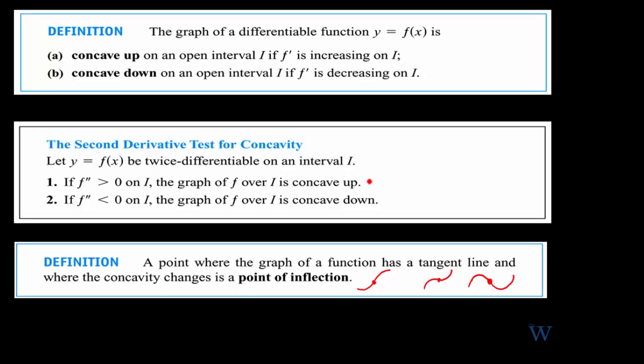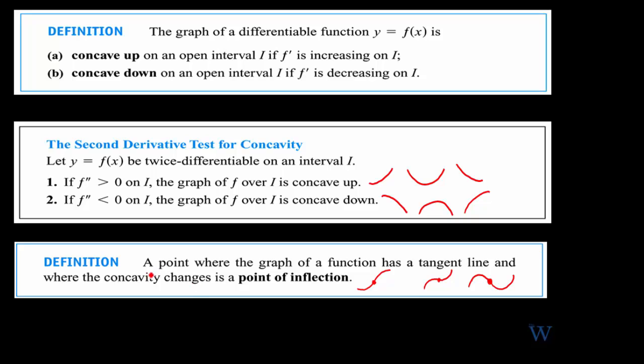Now, f double prime, if it's negative on the interval, then the graph is considered concave down. So it spills water. So it could look like this, or something like this, or like that, right?